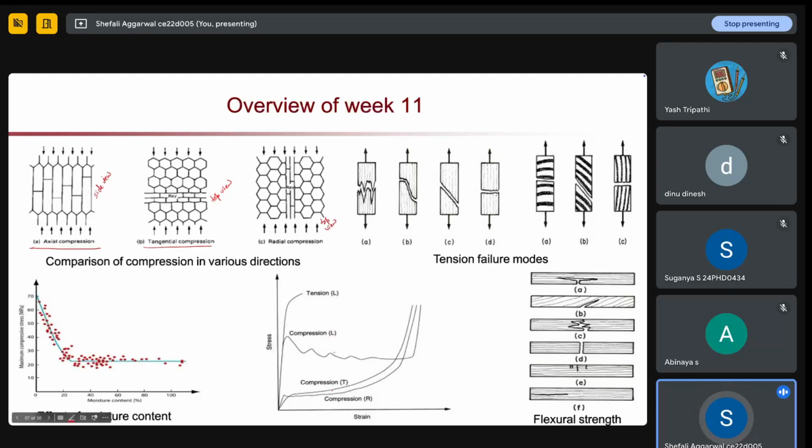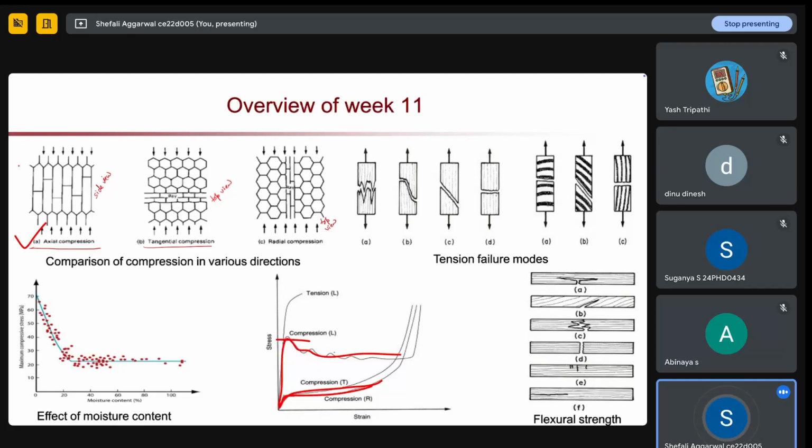If you see from this stress strain curve diagram, the compression in the longitudinal direction will be highest, and then tensile or radial will be almost similar. So compression in the longitudinal or axial direction will be the best, having a higher yield strength as compared to the other two types of compressive failure.